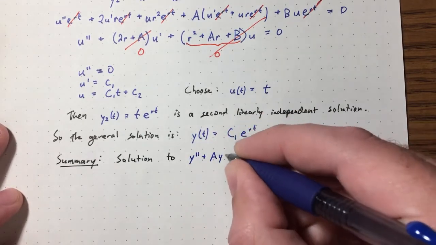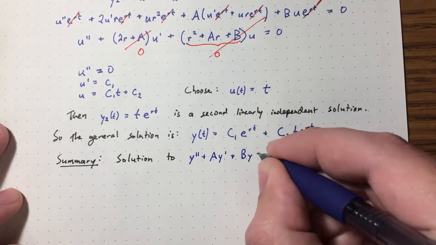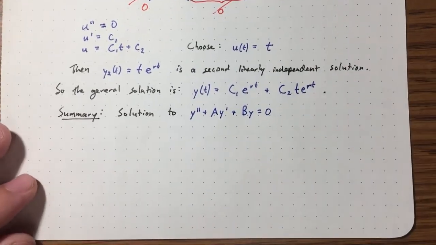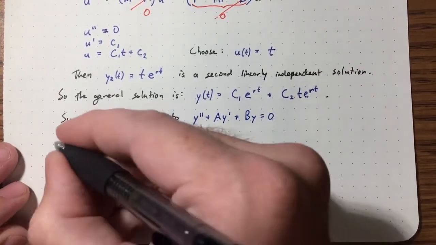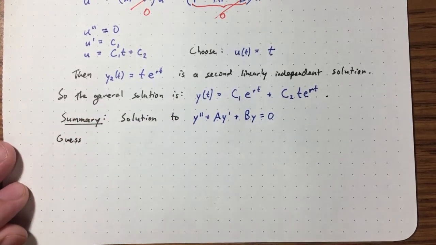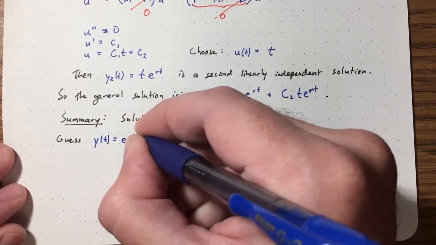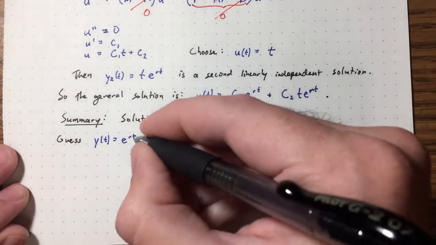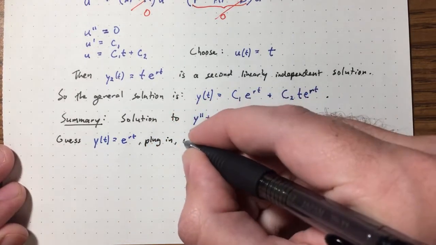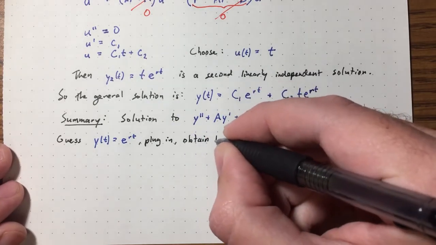So the solution to y double prime plus a y prime plus b y equals 0. Let's just summarize what we found. Well, what was the idea? The main idea was to guess an exponential function, e to the rt, and then we plug it in, and we obtain a polynomial in r that we're calling the characteristic polynomial.